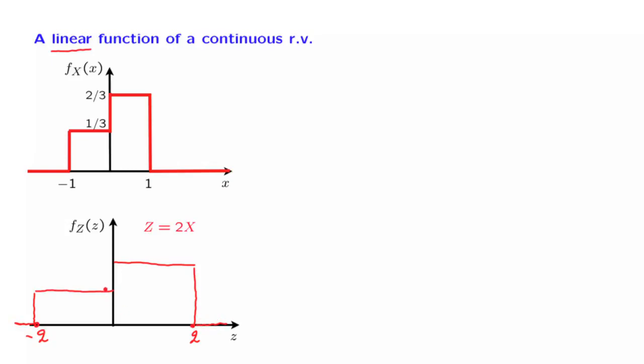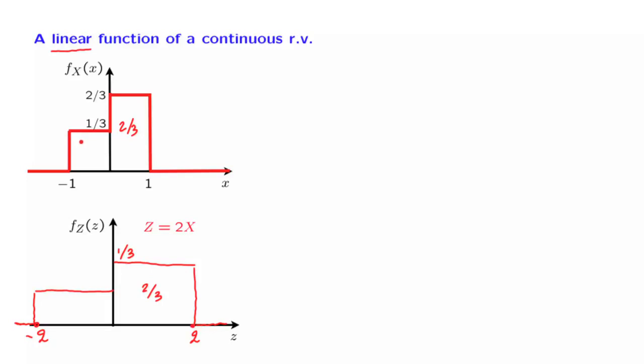Let us now try to figure out the parameters of this PDF. The probability that x is positive is the area of this rectangle, and the area of this rectangle is 2/3. So the area of this rectangle should also be 2/3, and that means that the height of this rectangle should be equal to 1/3.